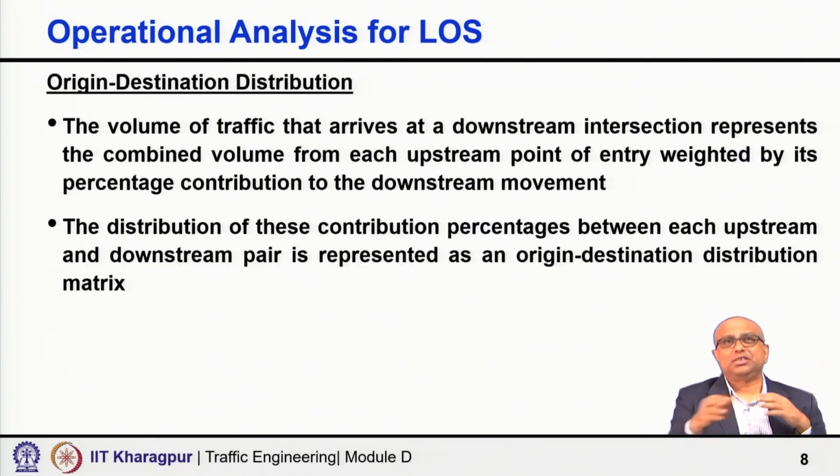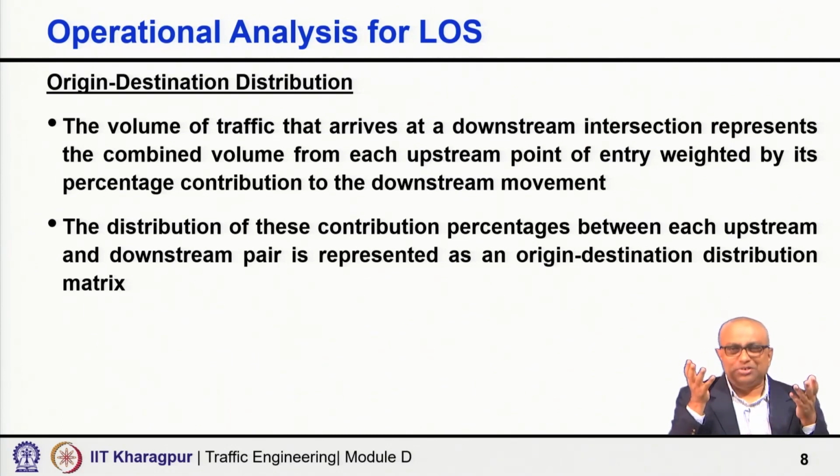Third, origin destination distribution. The volume of traffic that is arriving at a downstream intersection represents the combined volume from each upstream point of entry. That means, suppose at the downstream intersection there is a through movement with some value x, y, z. Now, that through movement we will assume is coming as a share from each of the entry movements.